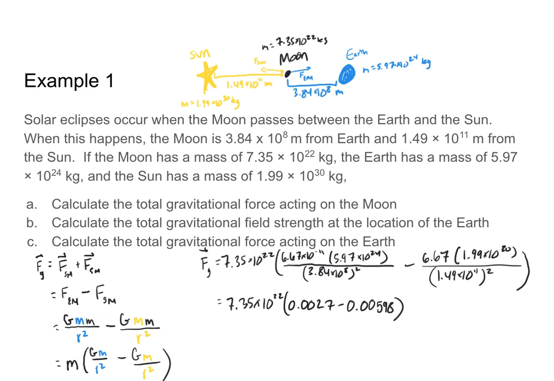And when I plug those numbers into the calculator, I get that the force of gravity on the moon is negative 2.4 times 10 to the 20th newtons, or 2.4 times 10 to the 20th newtons towards the sun.